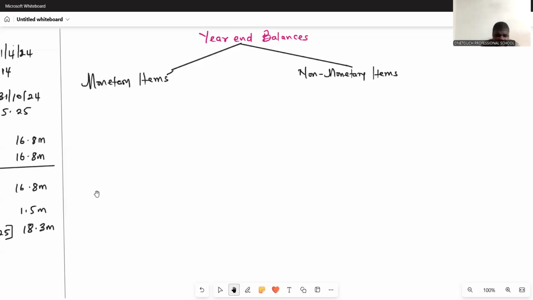Now, year-end balance. All the financial position items are classified into two: monetary and non-monetary items.